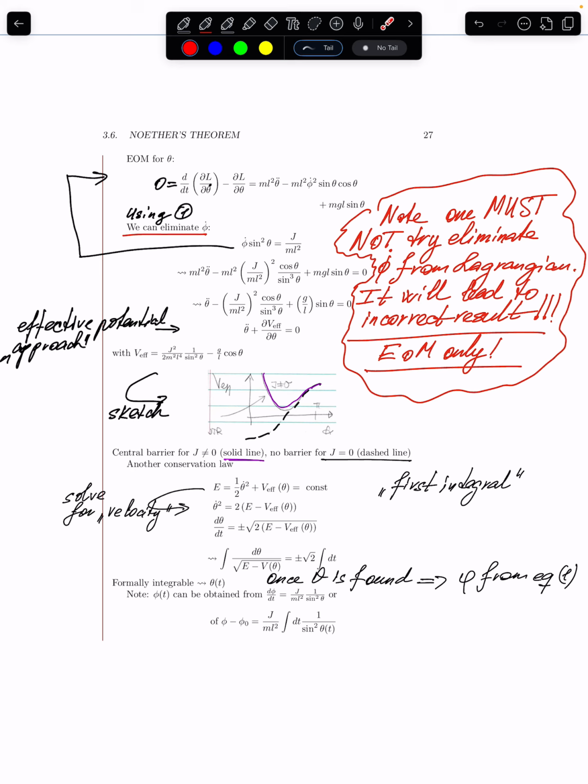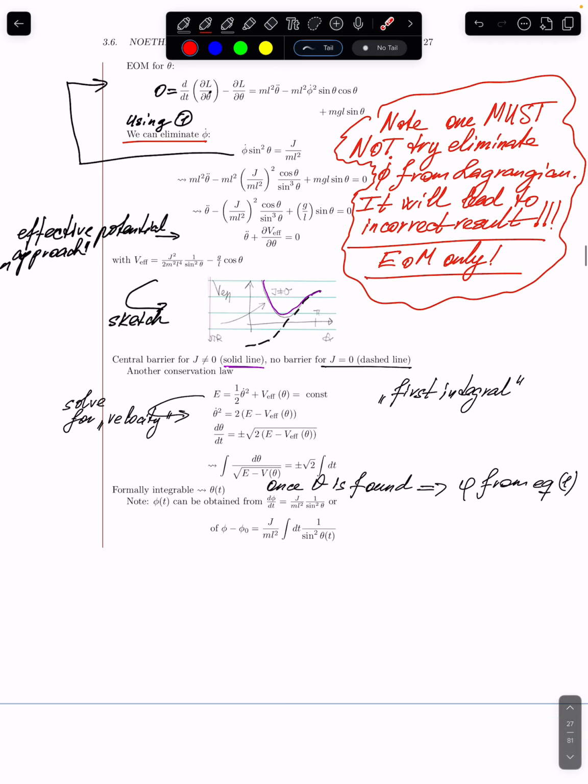Velocity becomes 0 only to change sign after that. So you will have a positive velocity, it crosses 0, and then it becomes negative. And this is why these points are called the turning points, because velocity flips the sign.